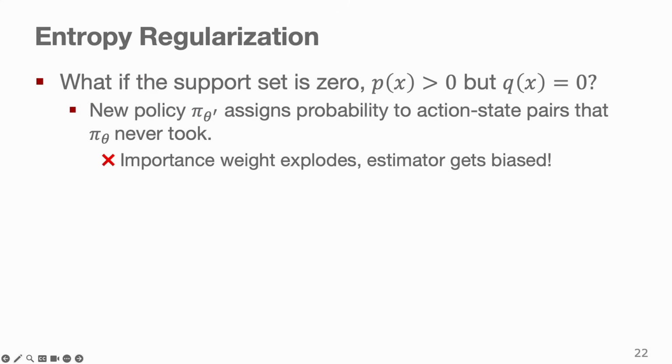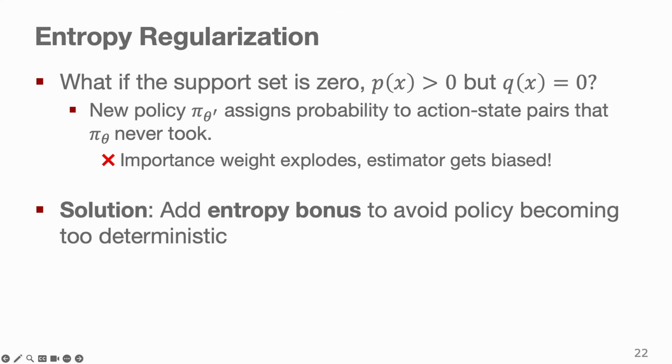So we've established that importance sampling breaks down when the support set is 0, right? When the new policy pi theta prime assigns probability to state-action pairs that the old policy, for example, never took. So what can we do about this? One easy solution is to add an entropy bonus to the policy's gradient objective.